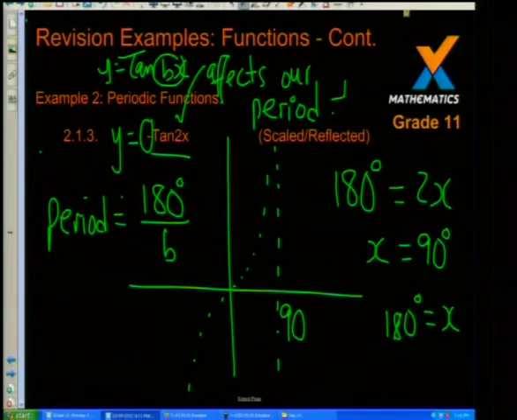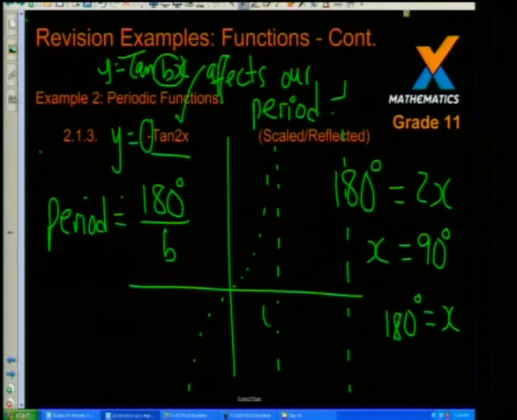In fact, let's take it from this point here. If a period, remember this thing repeated every, that was a 90 and a 270. Now it's going to be half of that, 45 degrees and 135 degrees.